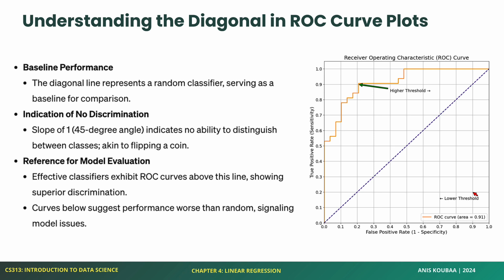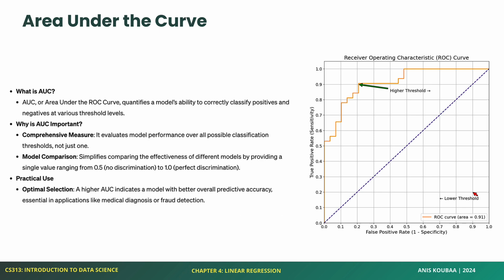How can this value be negative? No, it's an area. An area cannot be negative. So if you want a better analysis of your model, you will have recourse to the area under the curve and the receiver operating characteristic, the ROC curve.